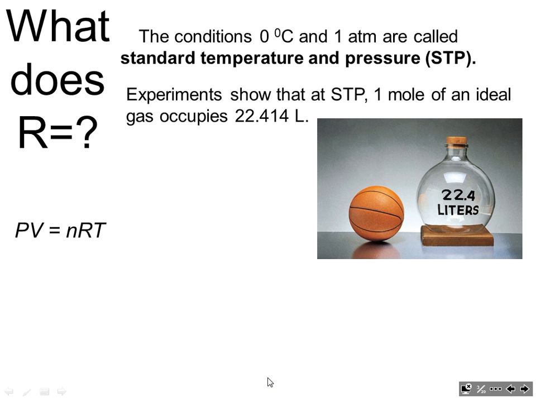What do you think? Sean's nodding his head, says he can do it. What would R be equal to? PV over nT, right? We just manipulate our equation. So R is equal to PV over nT.